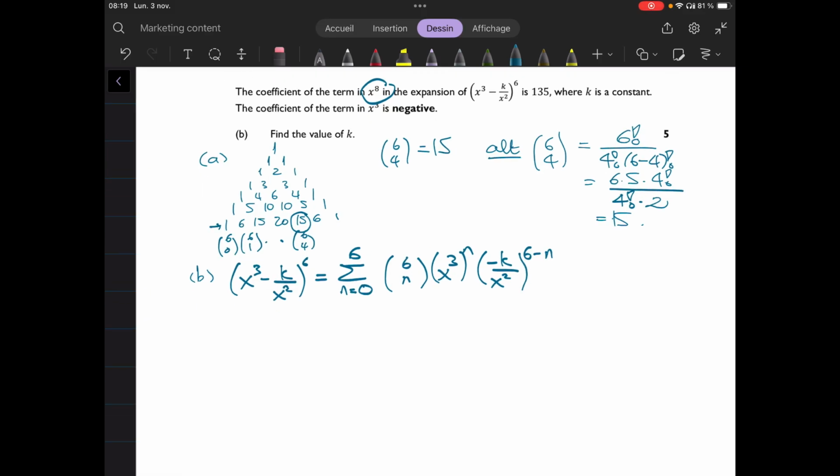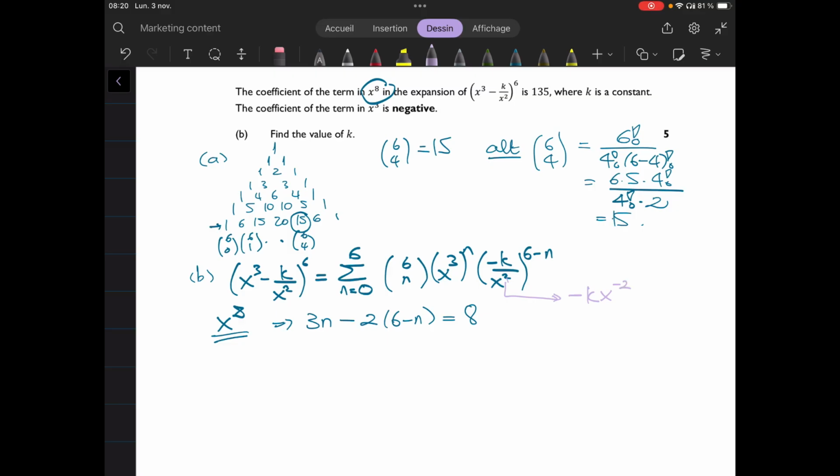We want to find the term in x to the 8. That means that 3n minus 2 times 6 minus n has to be equal to 8. Minus k divided by x squared, that is minus k times x to the negative 2.